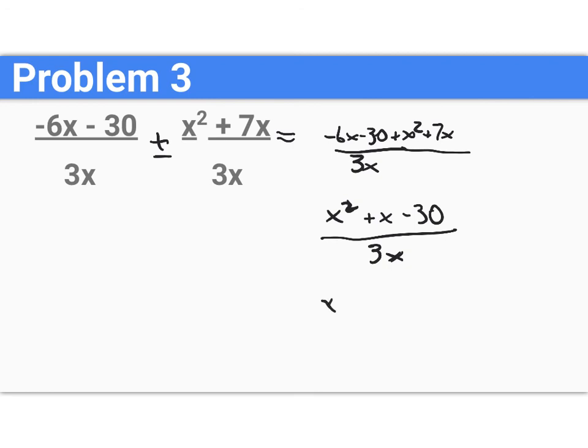So we get x plus 6 times x minus 5, which will give you -30, all over 3x. That's all you can do. You can't factor a 3x or an x plus 6 out of any term, so you are done. So this is the easy one, combining terms with the same denominator.